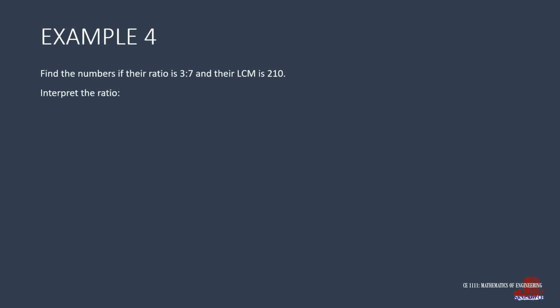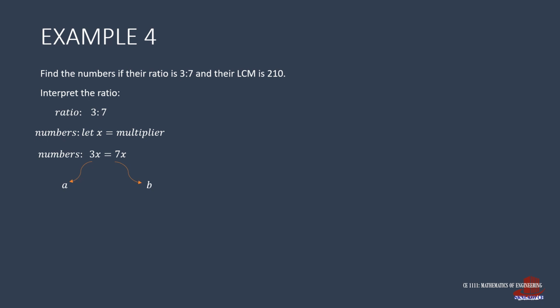So the ratio should be transformed into numbers first, and that is by multiplying a variable, say x. With a ratio of 3:7, the numbers are related as 3x is to 7x. 3x is the first number A, and 7x is the second number B.